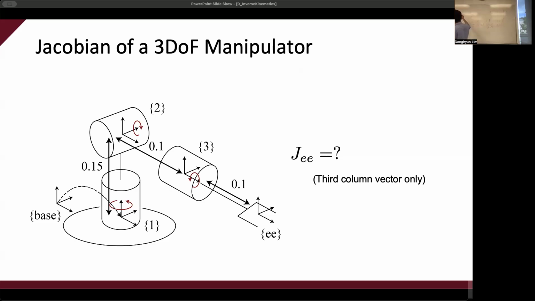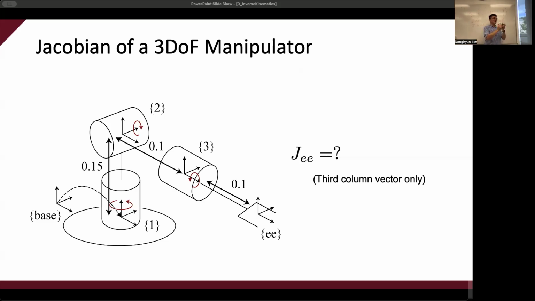So then 0, 0, and this number is minus 0.2. Does that make sense? So if the 1 radian per second velocity is made in the second joint, then you're going to see the 0.2 meter per second downward velocity.